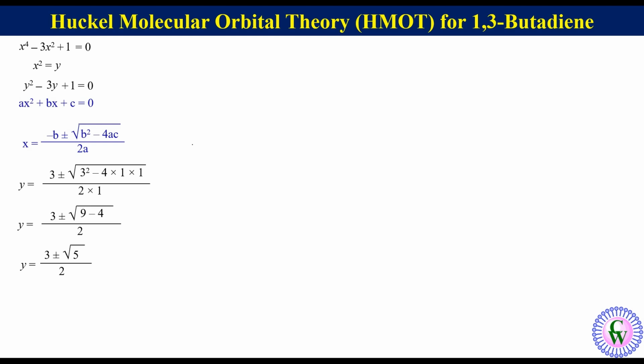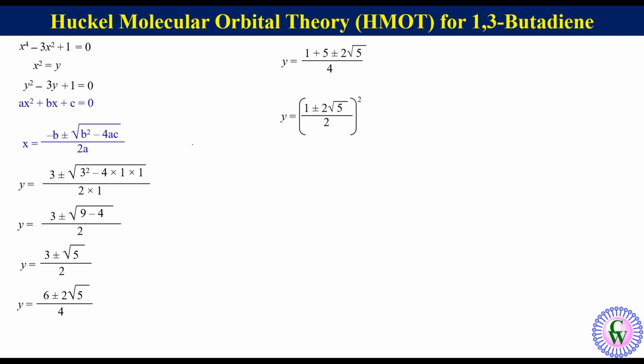If we multiply numerator and denominator by 2, then the equation will become y is equal to 6 plus minus 2 root 5 upon 4, or we can write y is equal to 1 plus 5 plus minus 2 root 5 upon 4. We know that a square plus b square plus minus 2ab is equal to a plus minus b square. So we can write y is equal to 1 plus minus 2 root 5 upon 2 square.